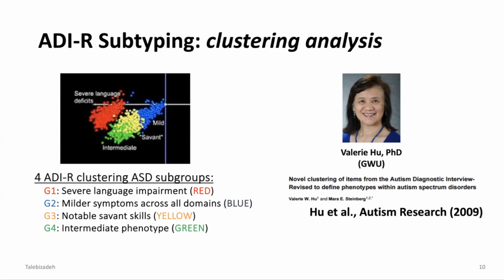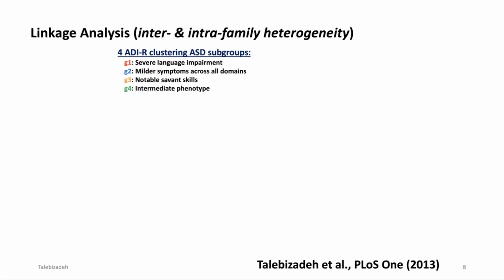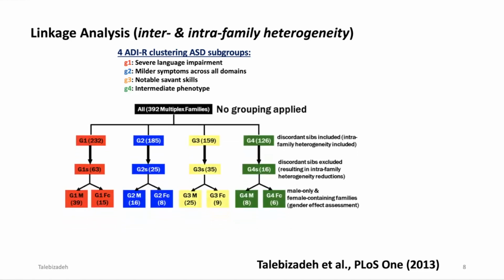Multiplex means they have more than one affected child. To do so, we developed a multiple-step stratification method and generated 16 ADI-R-related subsets, as shown in this figure, and ran linkage analysis separately for each one of these subsets.